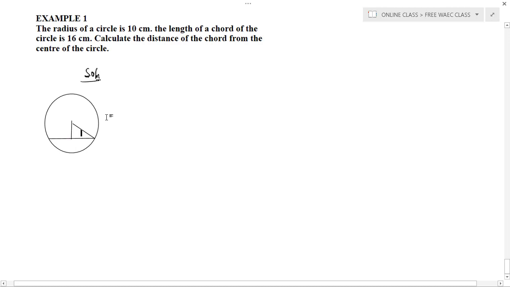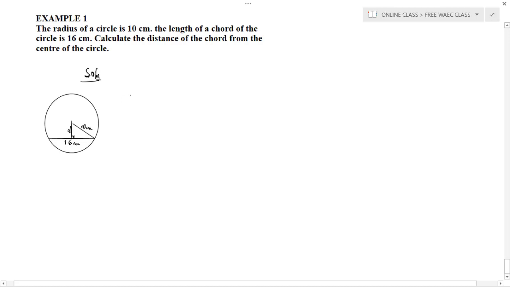So here now, what do we have there? We have a right angle here. Here is 10 centimeters. The whole length here is 16 centimeters. And we have to find D.